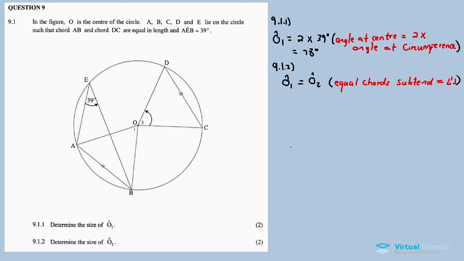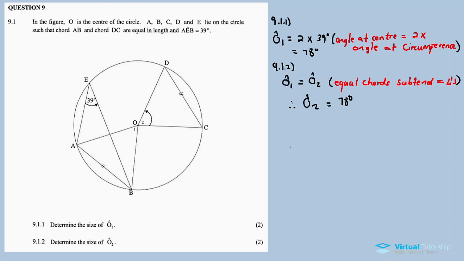Why? Because of the theorem, equal chords subtend equal angles, right? So that means O2 is going to be equal to 78 degrees. That's right, 78 degrees.